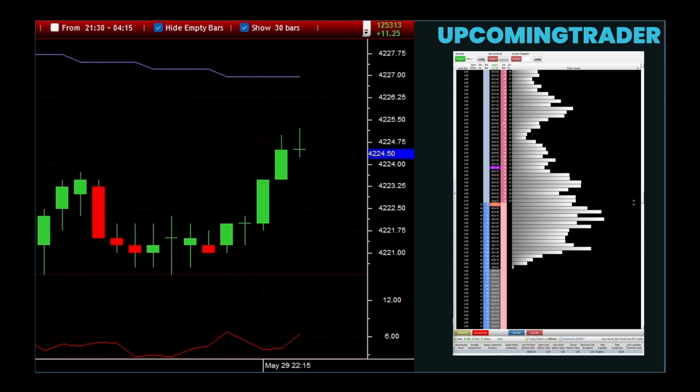RSI values moving above a key level, such as 50, during an upward breakout can indicate increased buying momentum. Similarly, divergence between price movement and RSI can serve as a warning of a potential false breakout. Combining these various tools can greatly improve accuracy in identifying genuine breakouts versus false ones.